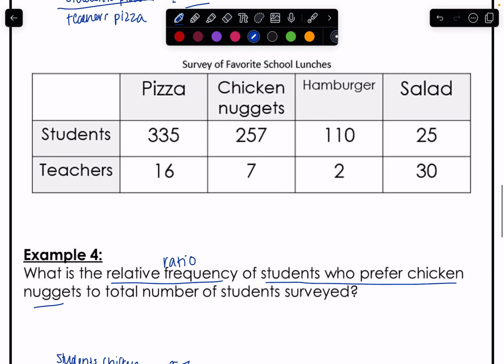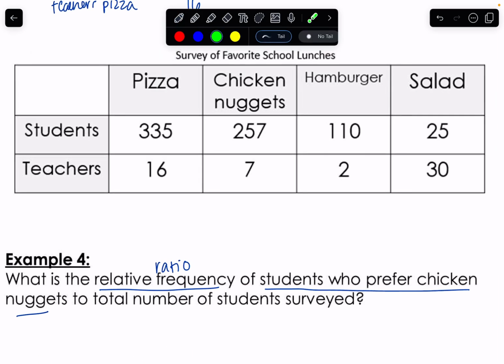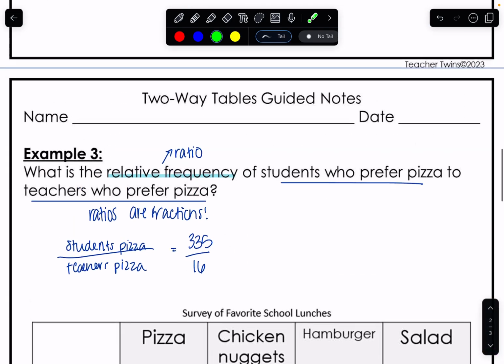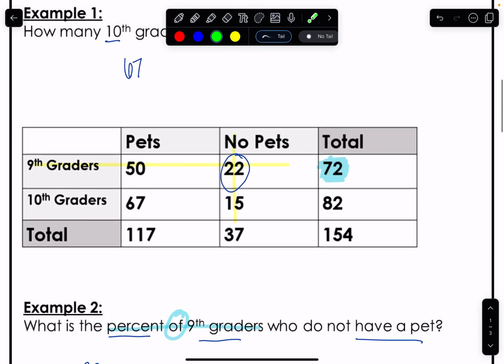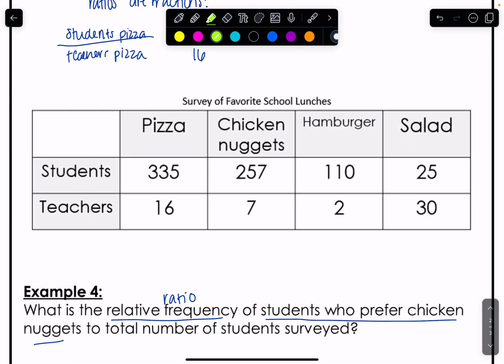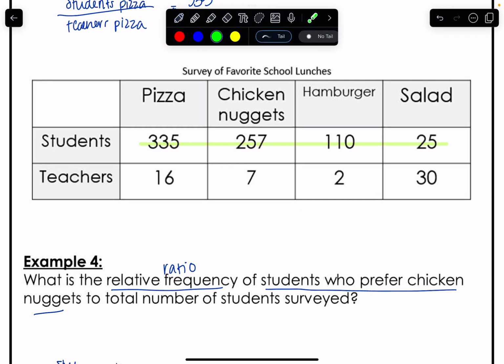Versus total students. Now this is a two-way table that did not tally up my totals over here like we had earlier. Sometimes they do, sometimes they don't. If they don't, that means I need to add up every single number in this column. If I'm not given a total at the end, then I've got to find that information myself.